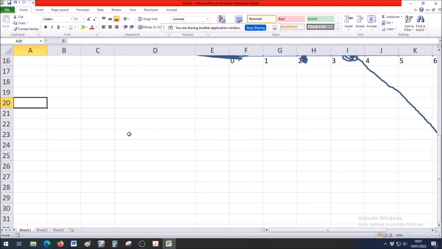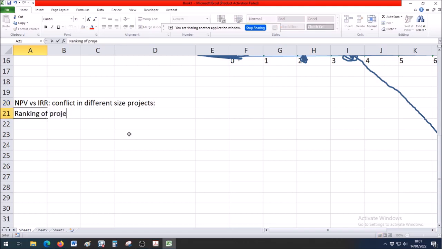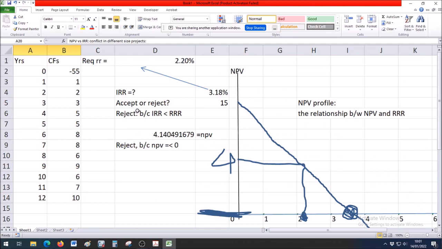But NPV versus IRR conflict in different size projects. That's for ranking of projects. So NPV and IRR don't conflict in terms of accepting or rejecting the project. If NPV says reject, IRR is going to say reject as well, and vice versa.